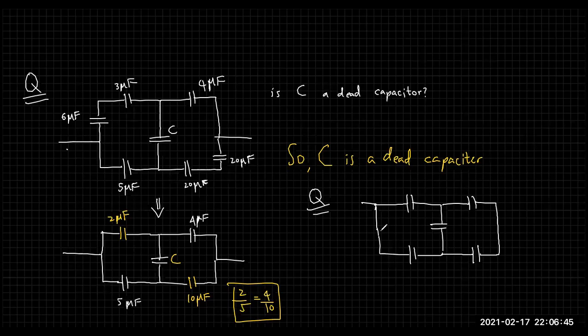Current has to go somewhere. Okay, fine. Let's say this is 2 microfarad, this is 8 microfarad, this is 3 microfarad, and this is 12 microfarad. And this is C. Now tell me, is C a dead capacitor or not?